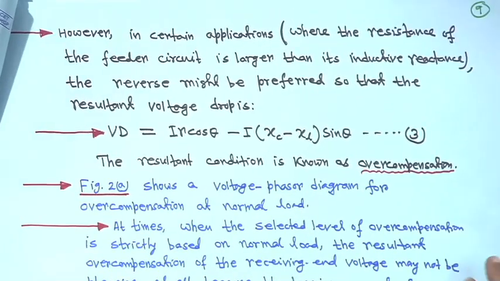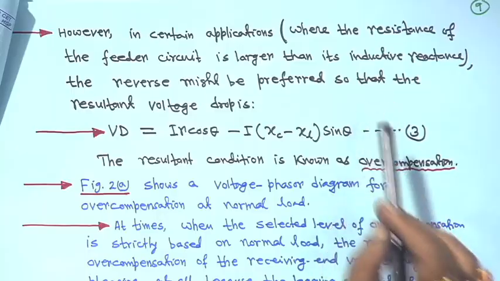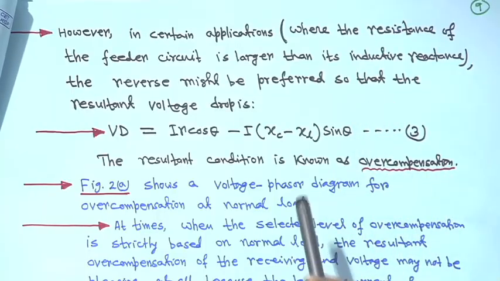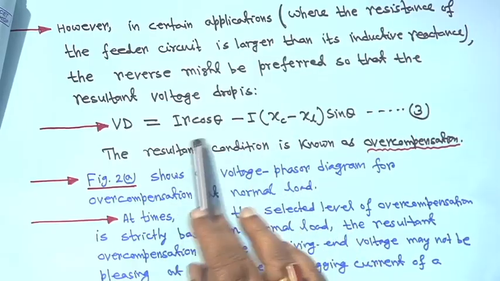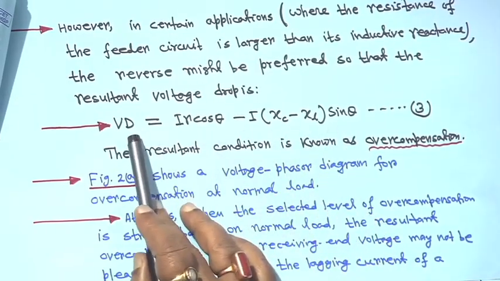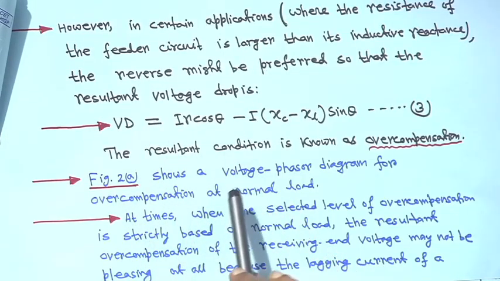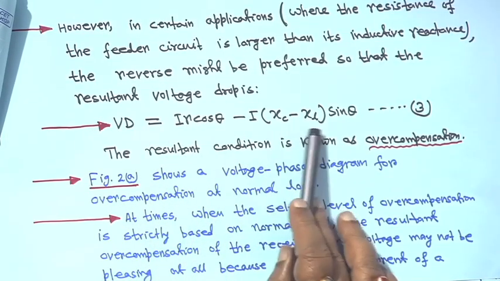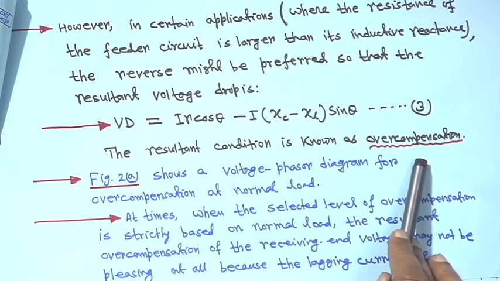In that case, if it is overcompensated, there will be a heavy voltage drop because of the minus sign, and XC is greater than XL, remember. The resultant condition is known as overcompensation.